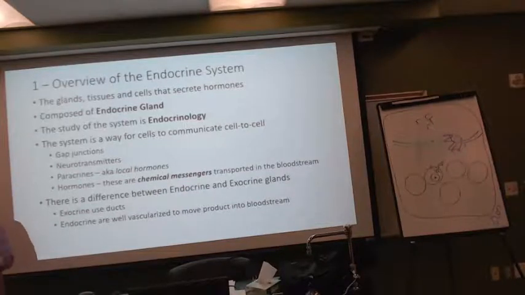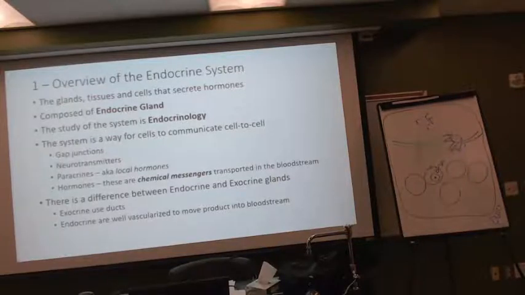Okay, so now that I've pretty much discussed the whole chapter, let's look at some of what these hormones are and what they do. So one of the things that your textbook talks about is the difference between the nervous system and the endocrine system, because they are going to be the two systems that control the body.